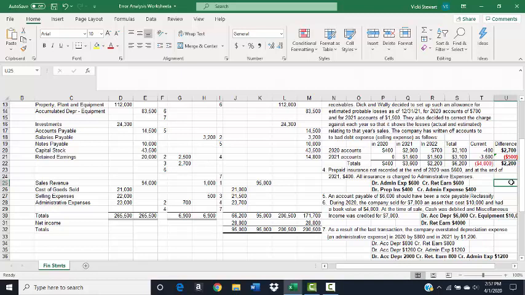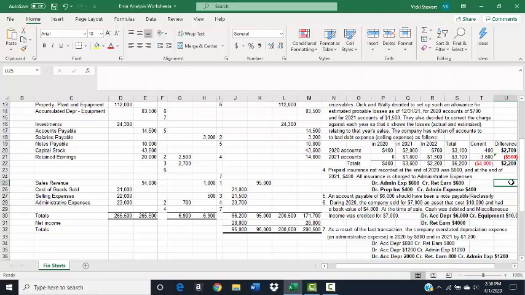What they needed to be doing is backing out the amount that's not for that year, but for the following year, by making an adjustment to debit prepaid insurance and credit the administrative expense for the portion that belongs to the following year. Okay, so we're going to first correct the one that was recorded incorrectly for 2020, and remember those books are closed.